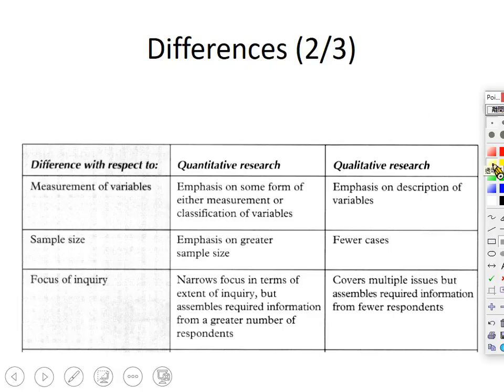Next one is focus of inquiry. What do we focus upon? Basically, for quantitative research, our focus is rather narrowed down. Sometimes you will find it very interesting, right?